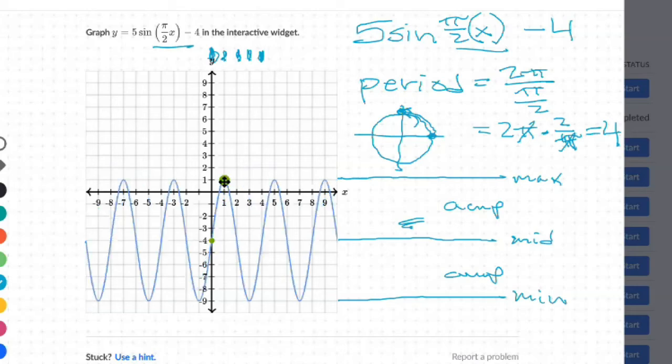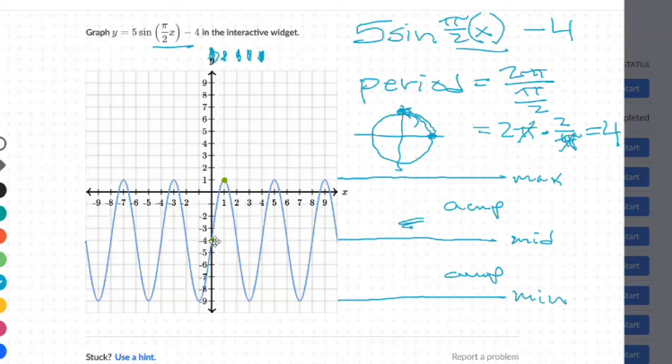So I'm going to drag this over, okay? And so then my period is 4, and I can check that now. If I go up, back down, and back to where I started, notice that that happens at 4. So my period is 4.